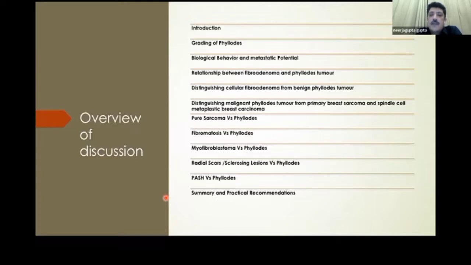We will distinguish malignant phyllodes from sarcomas, breast sarcomas, and metaplastic breast carcinomas. We will also distinguish pure sarcomas versus phyllodes, fibromatosis, myofibroblastomas, radial scars, PASH, and finally some practical recommendations for patients suffering from phyllodes, how to approach and what is the concluding statement.